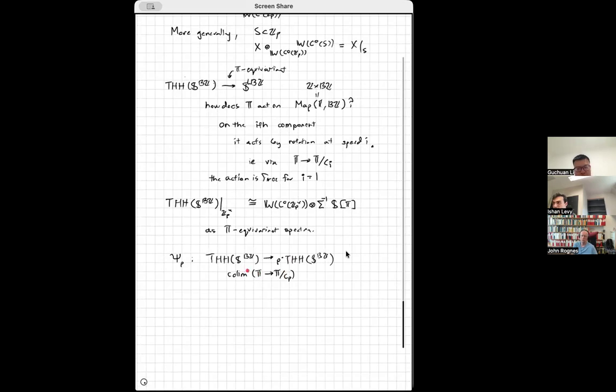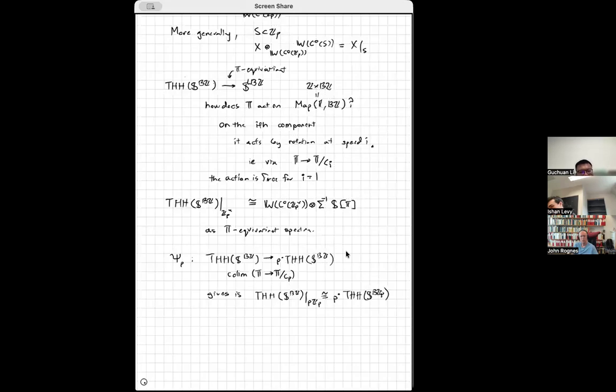So you have this interesting map, and by thinking about the free loop space you can see that it gives you an isomorphism from THH restricted to pZ_p to p upper star of THH of S to the BZ_p.